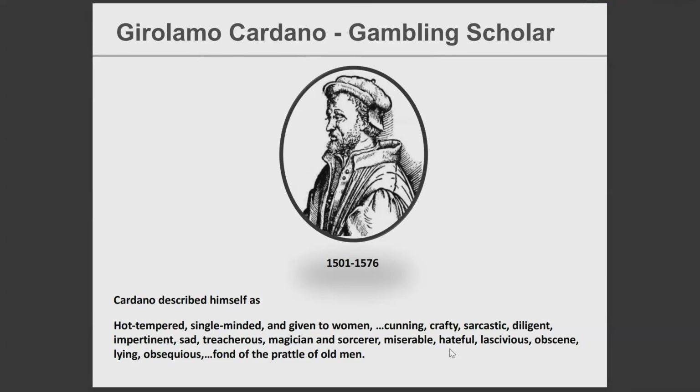And at the time, in the 16th century, you could afford to be good at so many things. He also wrote a very interesting biography. He described himself as hot-tempered, single-minded, given to women, cunning, crafty, sarcastic, diligent, impertinent, sad, treacherous, yada, yada, yada. So I think external sources confirm that it's probably an honest account of him.